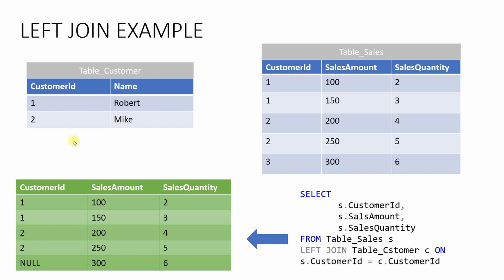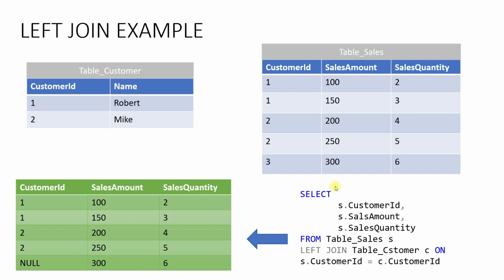We look that up and see, okay, we don't get a match because we don't have a customer in the table customer with customer ID 3, but we will still get these values. Since we do not get a match, we will simply display a null here, but we will still get the sales amount value and the sales quantity value.